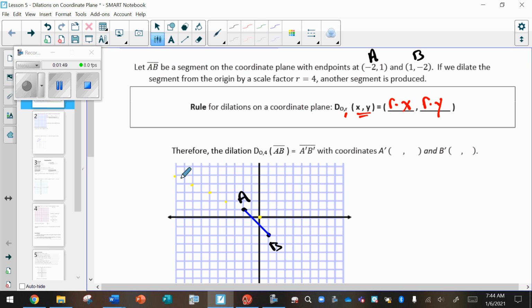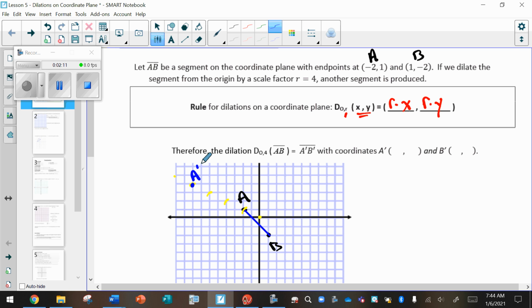Connecting those yellow dots would be like our straight edge connecting the center of dilation through point A. Then we would measure the distance from the center of dilation to A and mark that off 4 times: 1, 2, 3, 4. That's the new location for A prime.